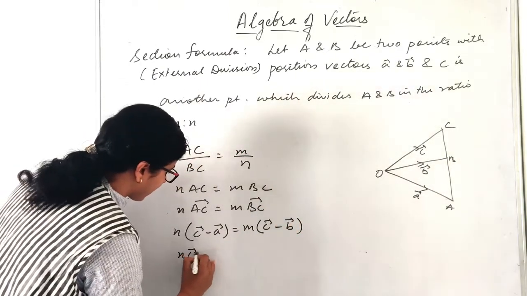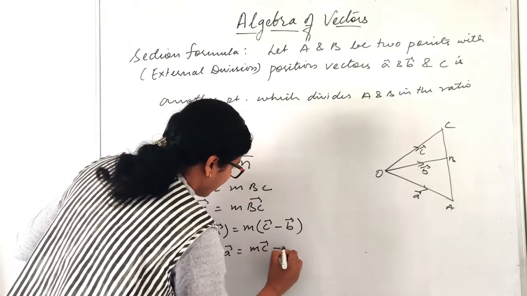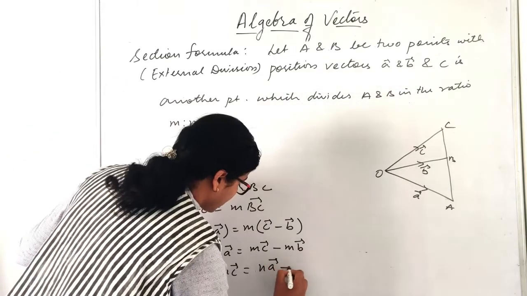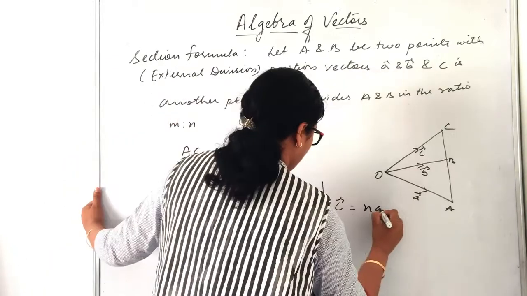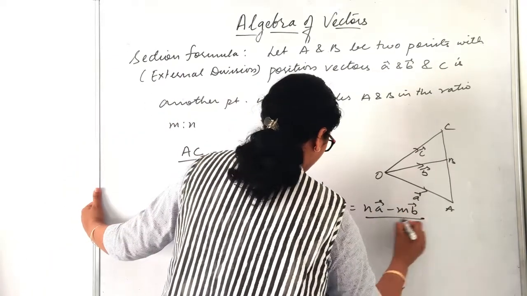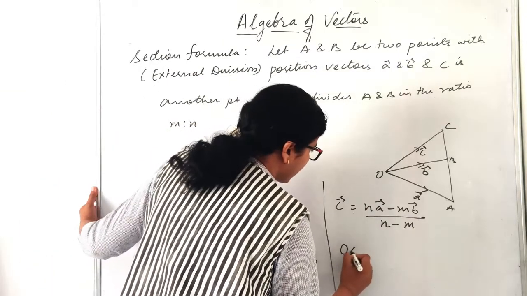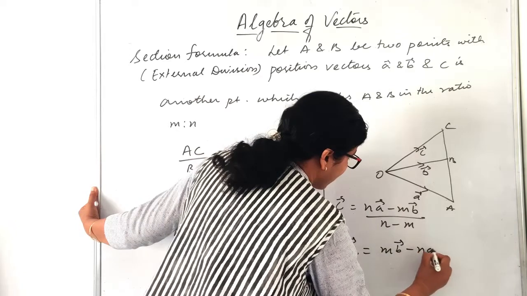So nC vector minus nA vector is equal to mC vector minus mB vector. Let us arrange the terms. nA vector minus mB vector. So basically what I am getting here, nA vector minus mB vector on n minus m. Or I can write the position vector of C is mB vector minus nA vector upon m minus n.